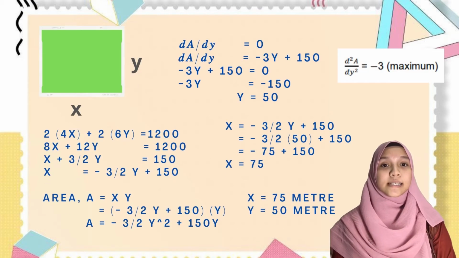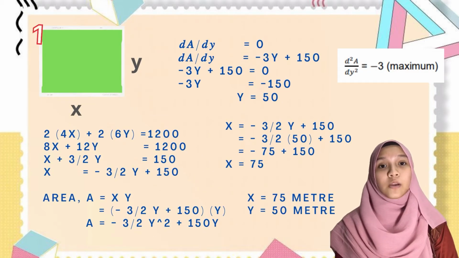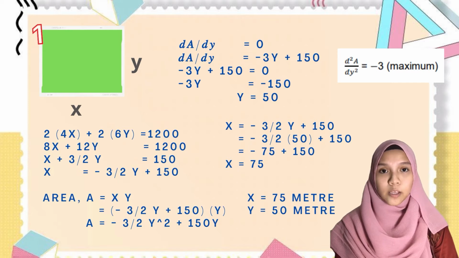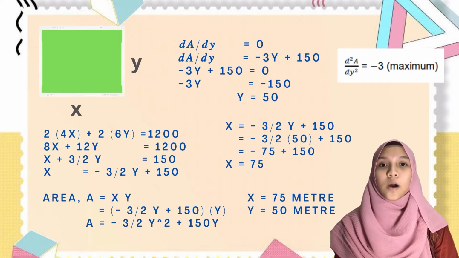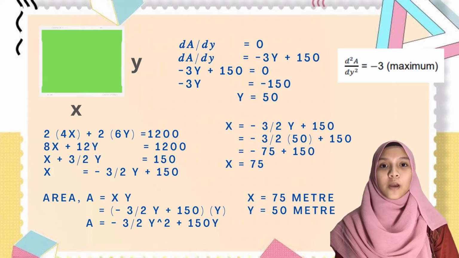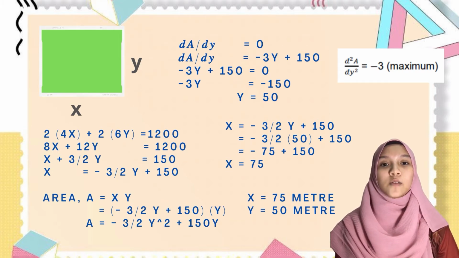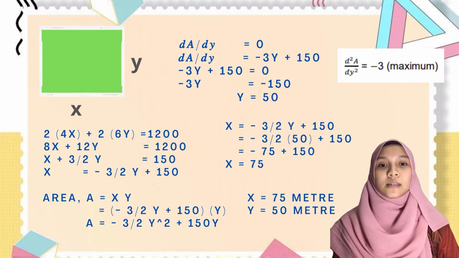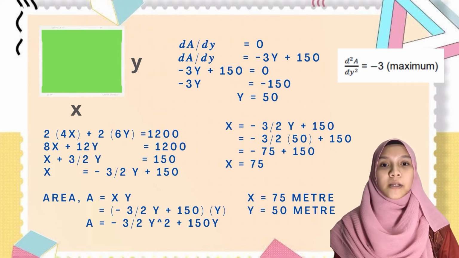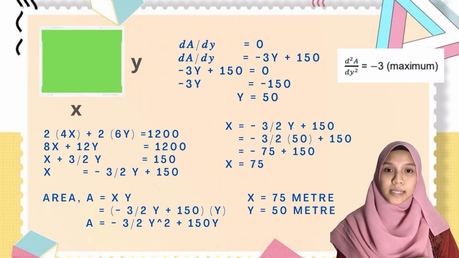The solution is, the first step, we need to draw a rectangular plot of land and label it. I use x as the length and y as width. The second step, find formula for the quantity to be maximized. The question said, two opposite sides will use heavy-duty fencing at the cost of 6 ringgit per meter, while the remaining two sides will use standard fencing at the cost of 4 ringgit per meter, and the total cost of fencing the rectangular plot is 1,200 ringgit.